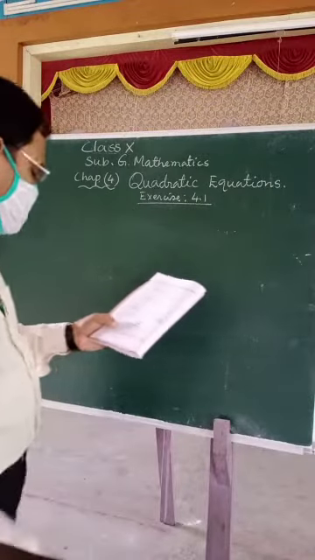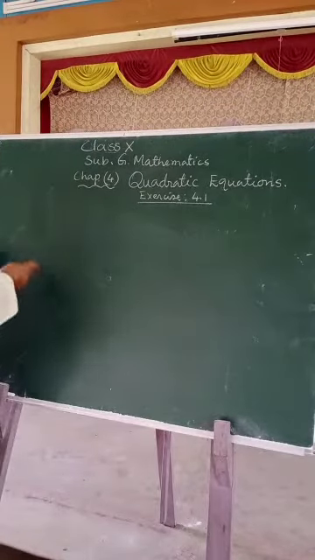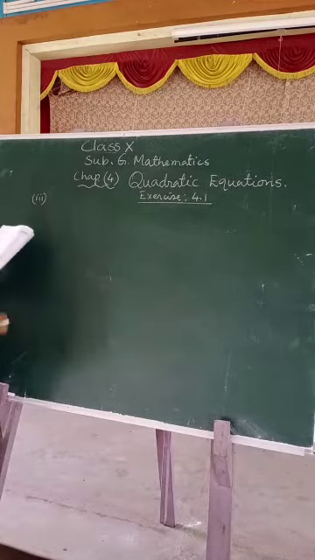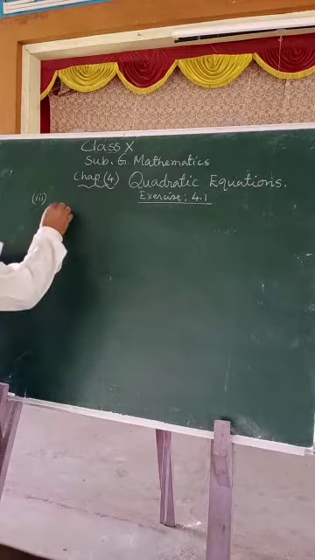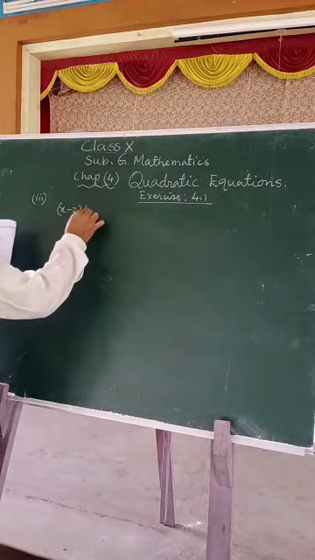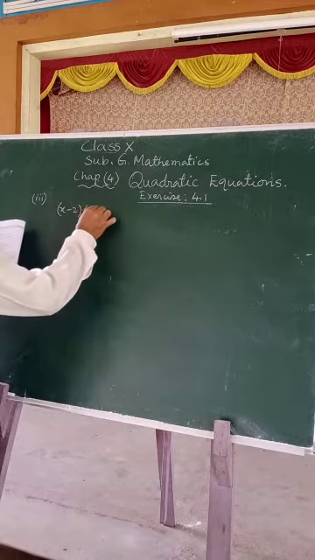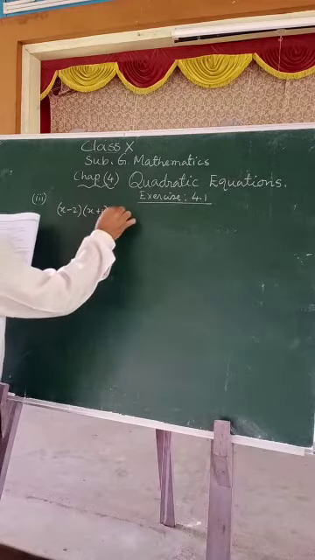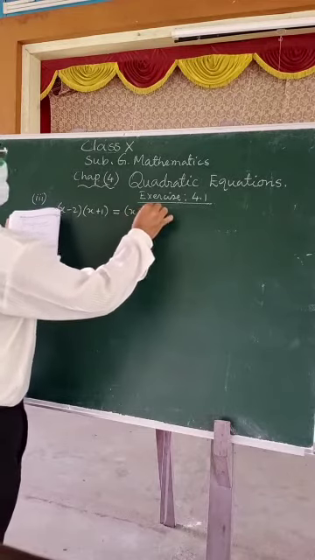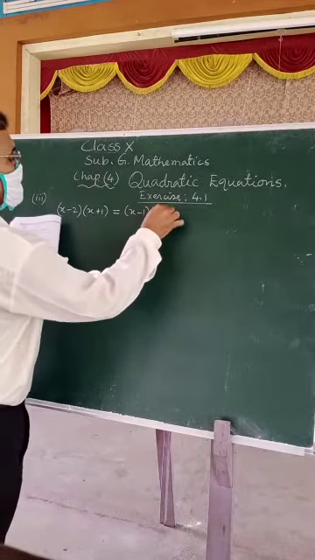Number 3 is also whether it is a quadratic equation or not. We can try it simply. You can tell whether it is a quadratic equation or not. Like that: x minus 2 into x plus 1 equal to x minus 1 into x plus 3.